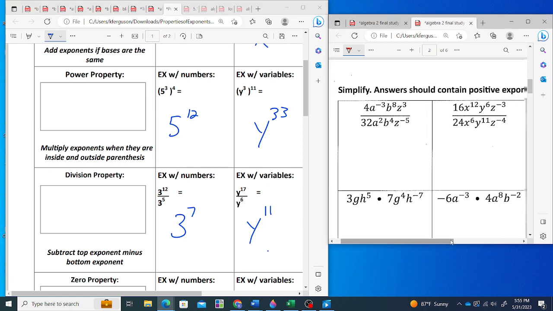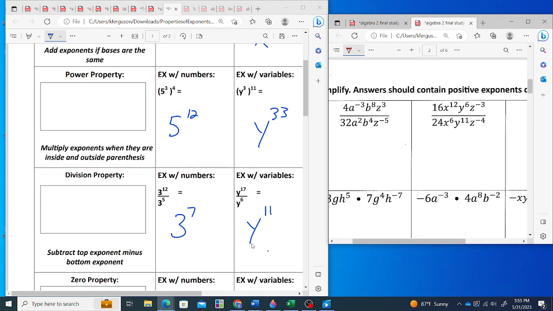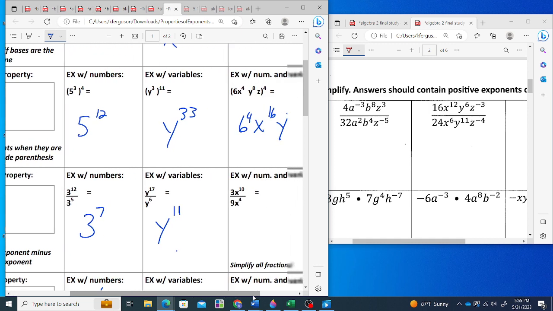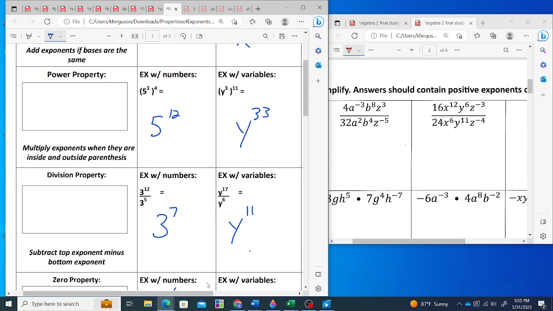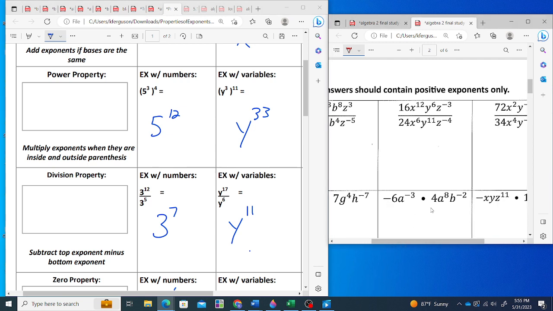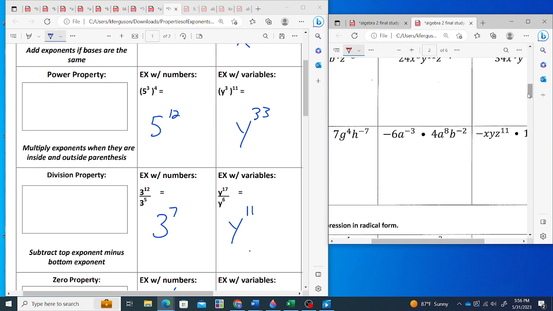Well, I want to look at these here because negative exponents play a part. Now, we're not going to talk about the negative exponent property yet, but I want to hit trying to do these. Okay, so like for this problem, I'm going to take it piece by piece. I've got negative 6 times 4, so that is negative 24. I have a to the negative 3 and a to the 8th.